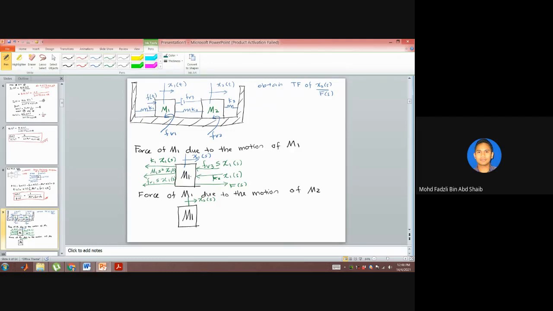So, you must see here, okay? The force of M1 due to the motion of M2, the direction should be in S2 direction, okay? So this one, FV3 times S. Very good.